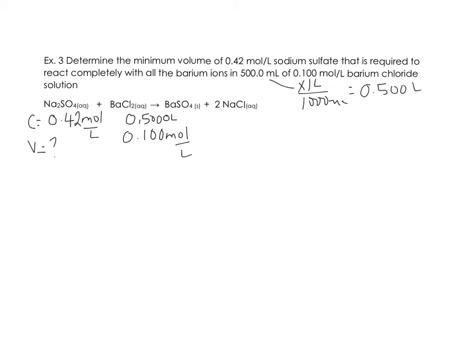So to do that, we need to know how many moles of sodium sulfate we will need, because C is equal to N over V. If we're looking for V, we have to know C and N. But we don't know N. However, barium chloride, we have C, we have V, we can find N, and then use stoichiometry mole ratios to figure out the moles of sodium sulfate.